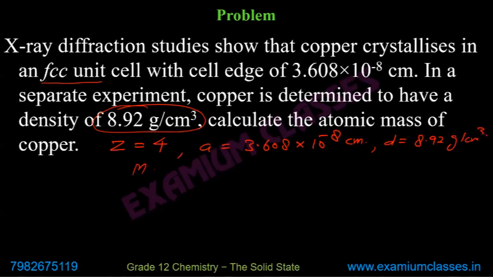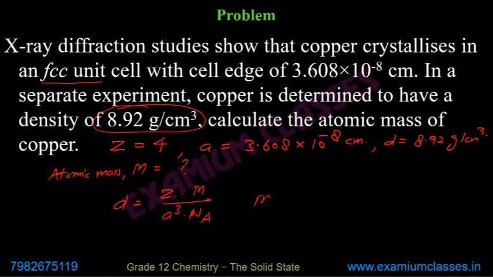Calculate the atomic mass. So you will apply D equals Z into capital M divided by A cube into Na. Everything is given except capital M, that is the molar mass or atomic mass. D is given, Z is given, A is given, Na you know.